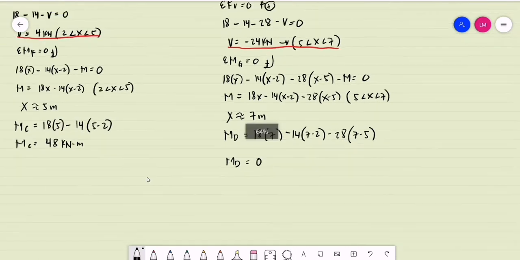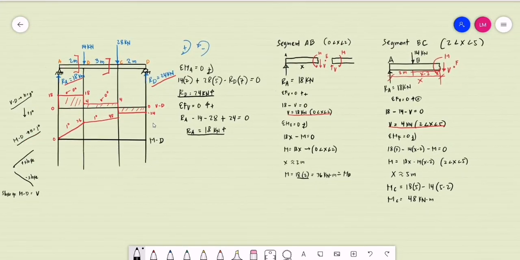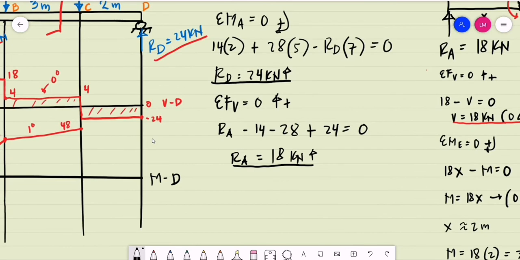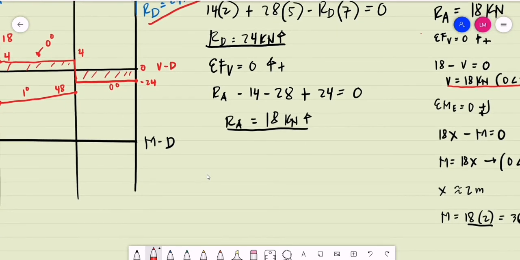As you can see, that is a simple support or a roller support, so it is expected that the moment is 0. And again, we have a zero-degree shear diagram, so our moment diagram should be first degree. And this is a negative shear. A negative shear is the same as a negative slope of the moment diagram.